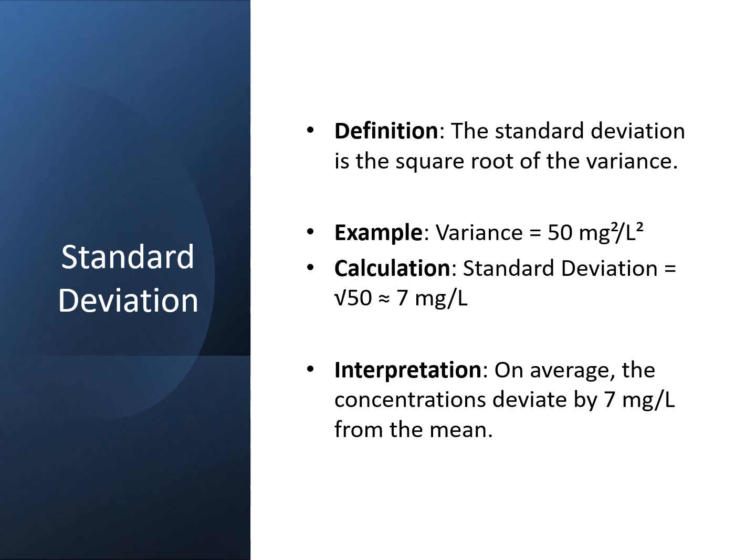With a variance of 50, the standard deviation is the square root of 50, which is approximately 7 milligram per liter. This means that the concentrations, on average, deviate by 7 milligram per liter from the mean of 20 milligram per liter. Standard deviation is widely used in chemistry because it's easy to interpret and provides a clear understanding of variability.